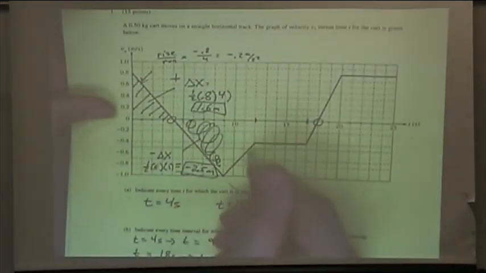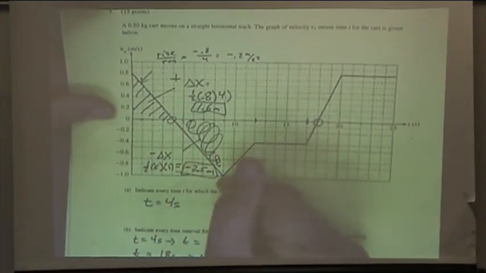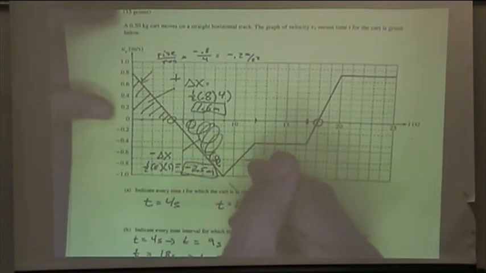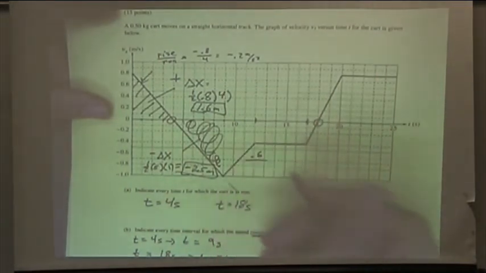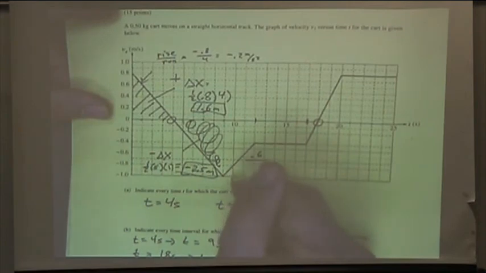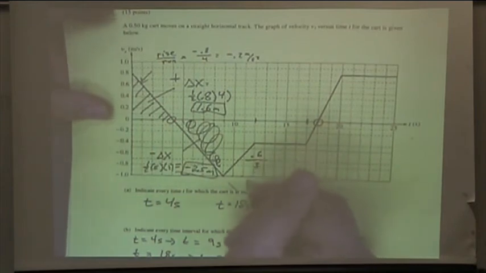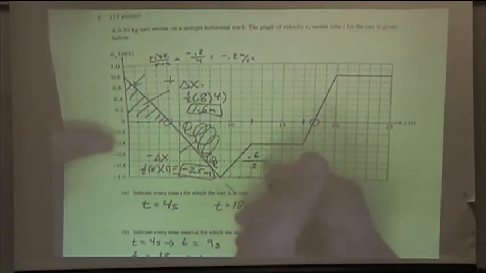In this section, my rise goes from -1 to -4. So that's a rise of positive 0.6. So that's instead of a fall, that's a rise. So that's going to be a positive rise. My run is 1, 2, 3. 0.6 over 3 is going to be positive 0.2.